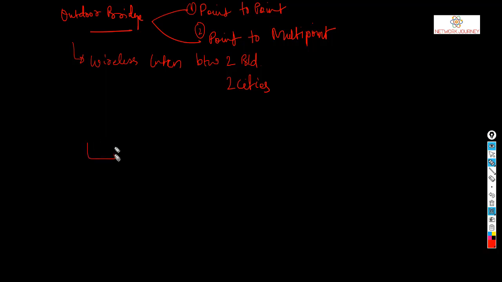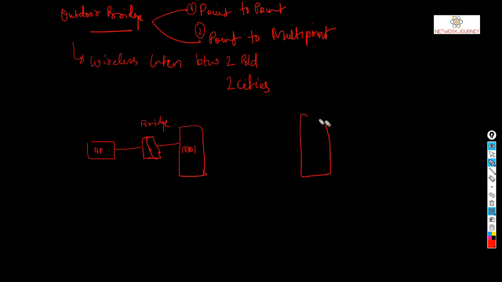So let's say I have an AP. AP is connected, okay, let's say it's a bridge unit, and then we have building number 1, and on the other side I have second building number 2, with a similar kind of design, switch 1.